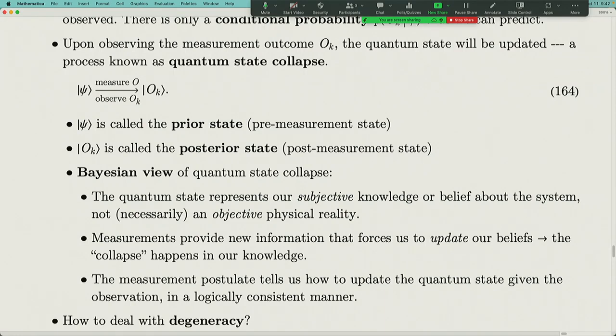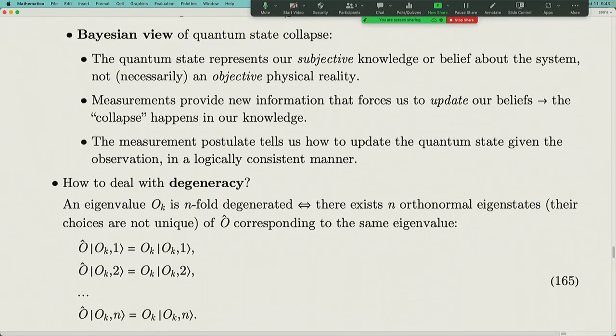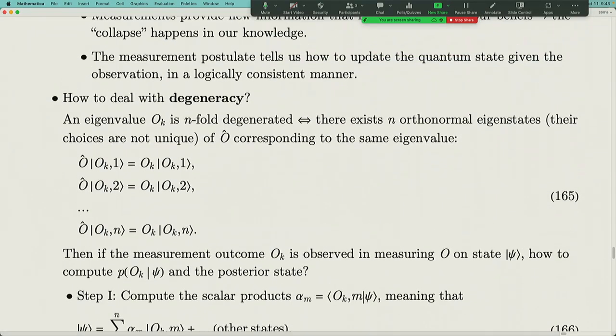So it is these updates of our belief that collapse the quantum state. The measurement postulate simply tells us how to update the quantum state given the observation in a logical, consistent manner. Yeah, that's the modern view of quantum state collapse. It's not happening in reality.